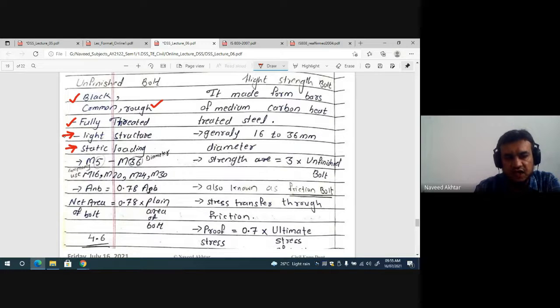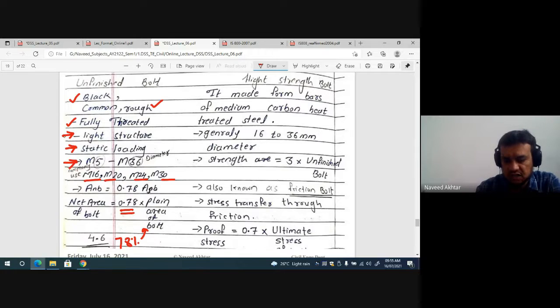The diameter is from M5 to M36. Generally, commonly used are 16 mm, 20 mm, 24 mm, 30 mm diameters. Net area can be calculated as 0.78 times the plain area of the bolt, or you can say 78% of the plain area would be considered in case of the unfinished bolt.